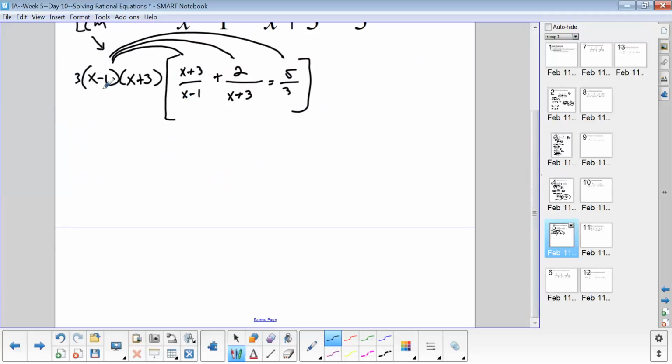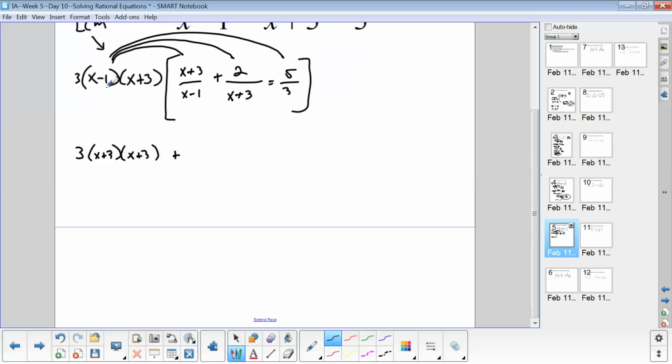What I will see when I do that, this is kind of eliminating some steps in our thinking, is that when I multiply the LCM by this term, the x minus 1s will divide out. So I'm left with 3 times x plus 3 times this x plus 3.